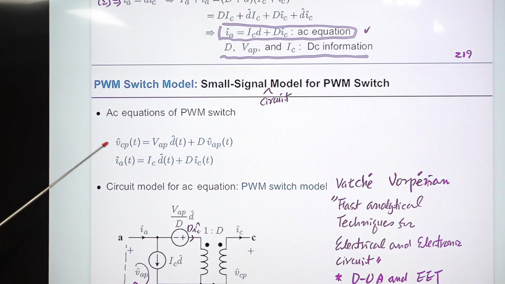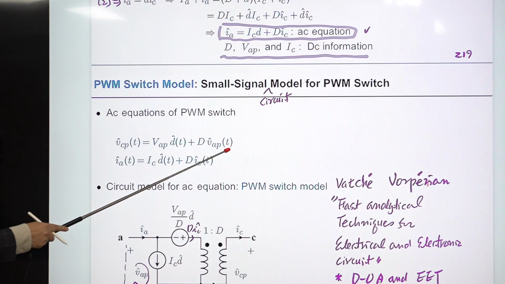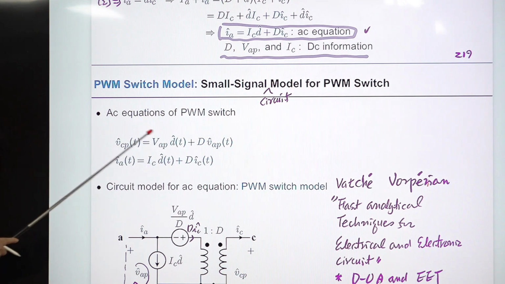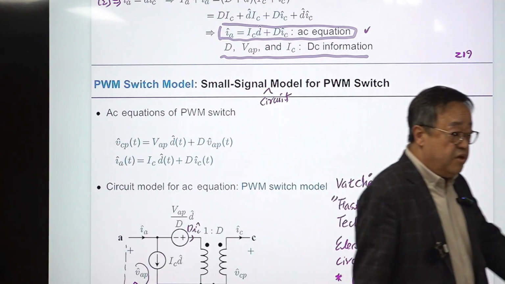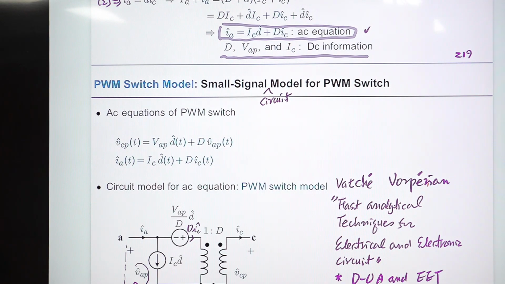So VCP(t) is a function of d(t) and VAP(t), and this is the coefficient of it, and the same is true here. The AC component of IA(t) originates from the small signal duty ratio and the small signal IC. This is the AC equation of the PWM switch, and because we like to have a circuit model of everything, we are always dealing with circuits.